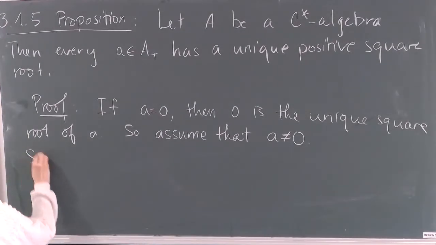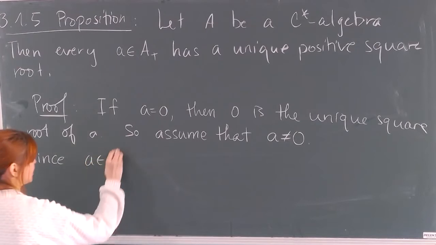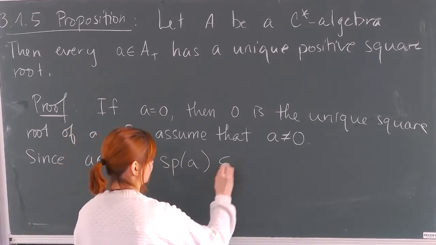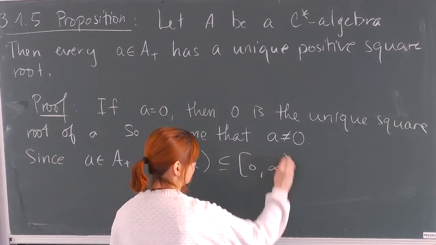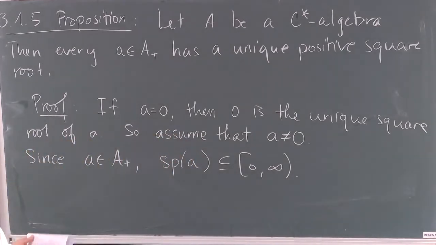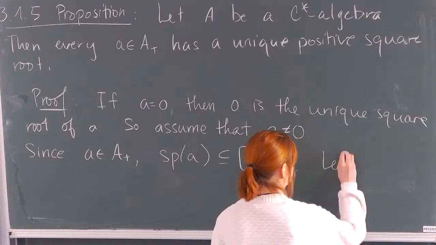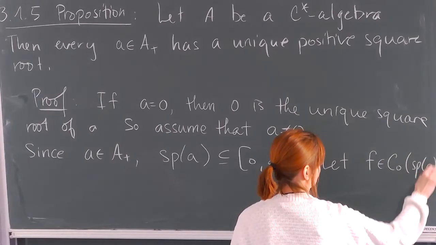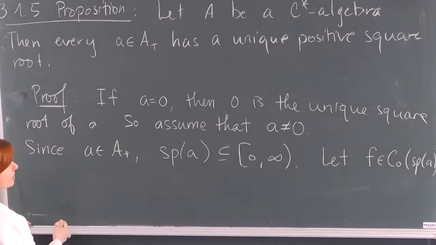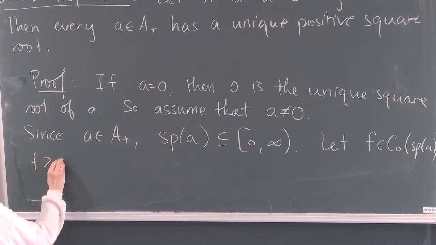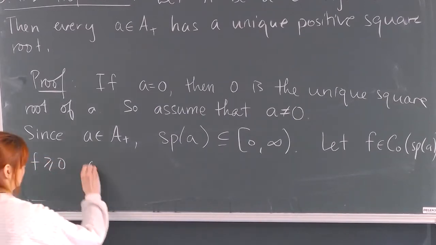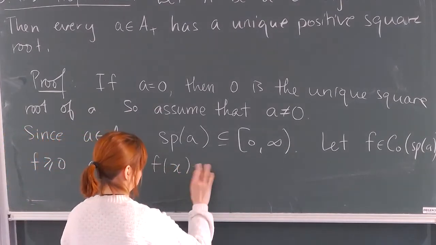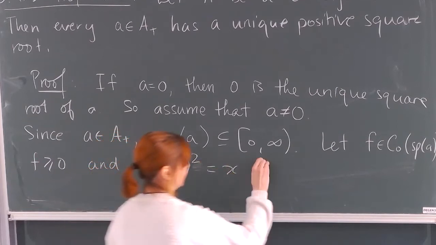Okay, since A is positive, we know that the spectrum of A is in the positive real numbers. So we can take a function f on the spectrum of A satisfying f greater than 0, and f of x squared is equal to x for every x.